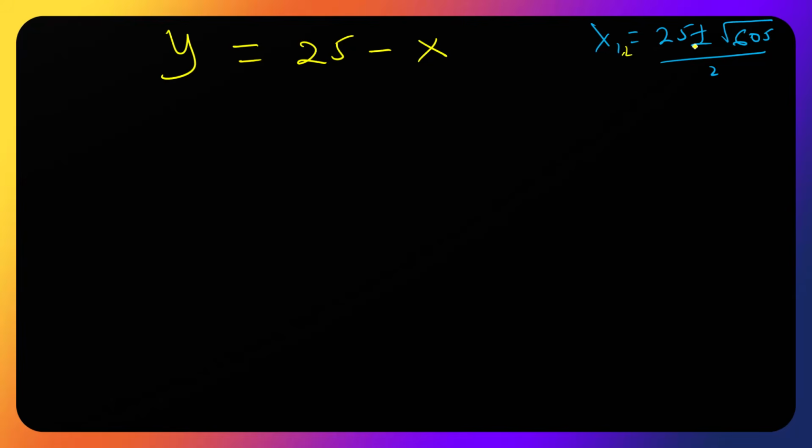When x1 is plus, y equals 25 minus 25 plus the square root of 605 on 2. Oh sorry, this side is minus, and this side we are taking the plus.